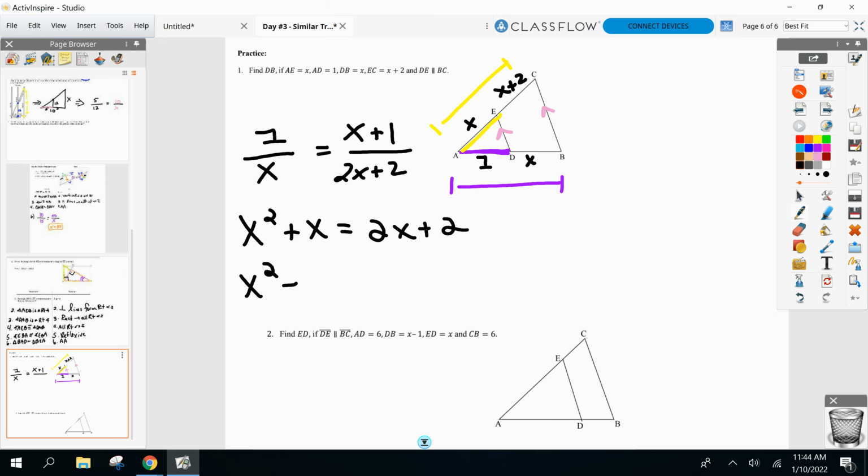Everyone's getting x squared minus x minus 2 when you set it equal to 0, right? x squared minus x minus 2 equals 0 when I move everything over. Now find two numbers that multiply to this and add to this and pop them in your parentheses.